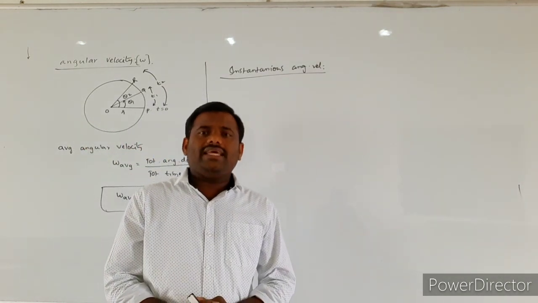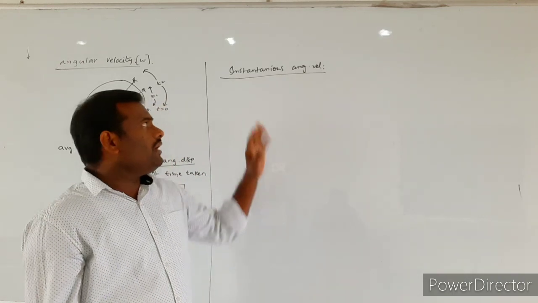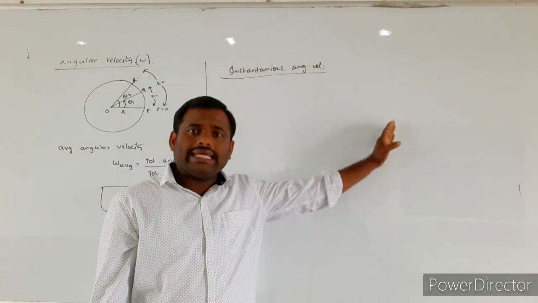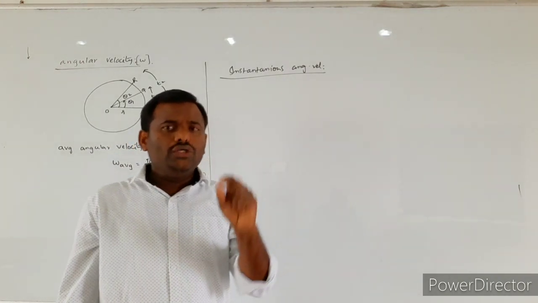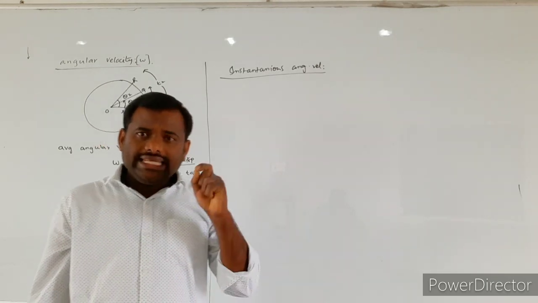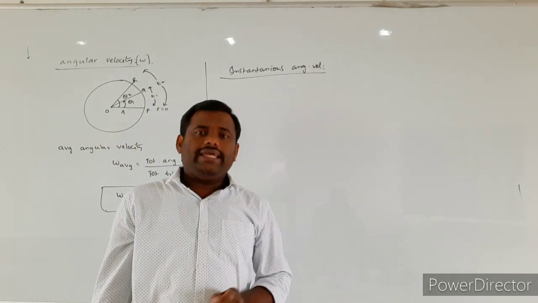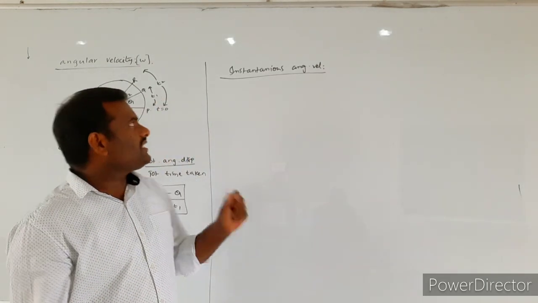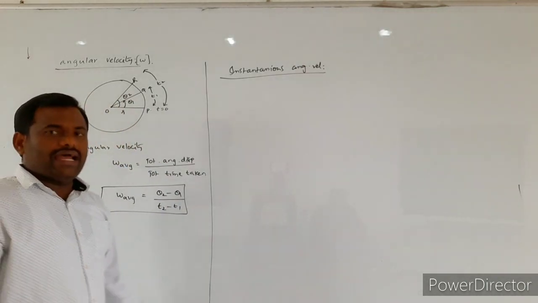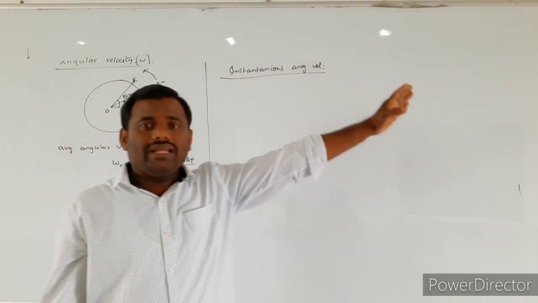Instantaneous angular velocity is defined as the angular velocity of a given particle, which is revolving in uniform circular motion, at a particular instant of time. Such angular velocity is called instantaneous angular velocity.